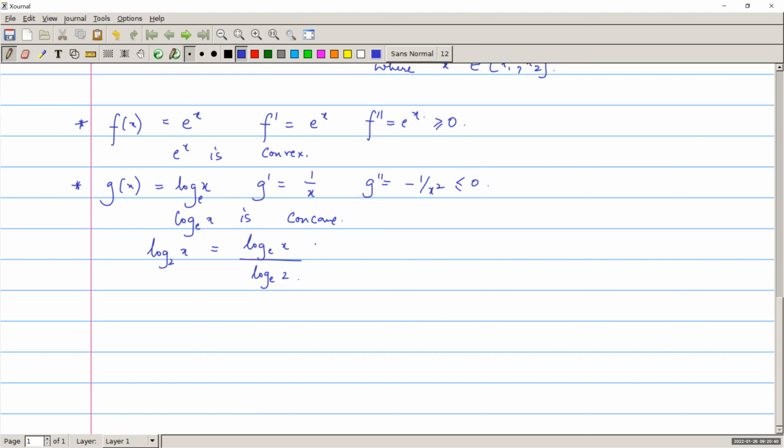The signs do not really change. So log to base 2 is also concave, and log to any base greater than 1 is also concave.